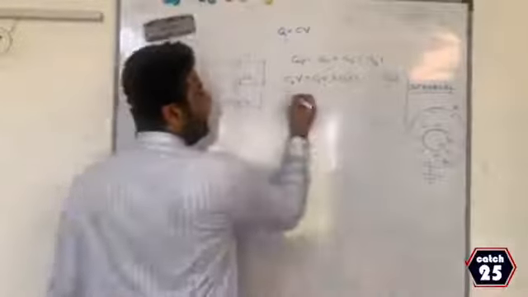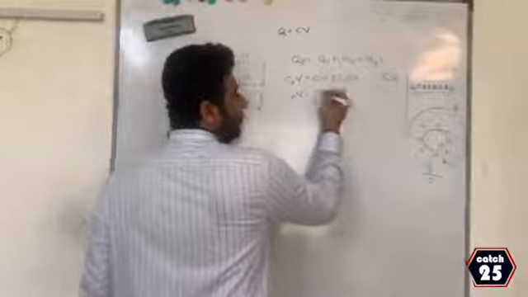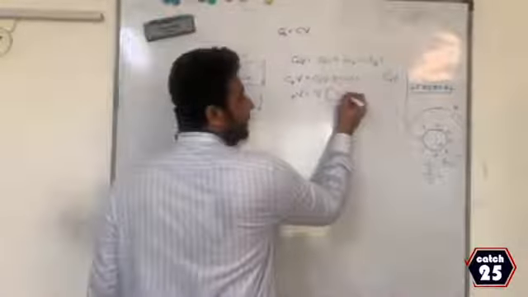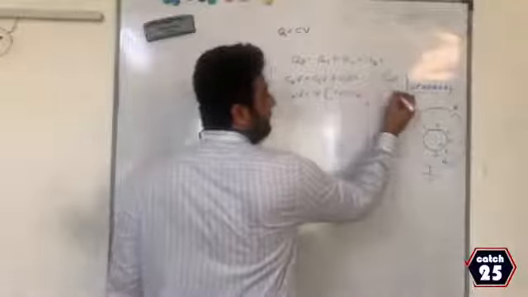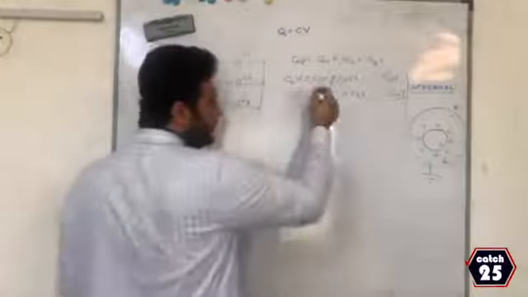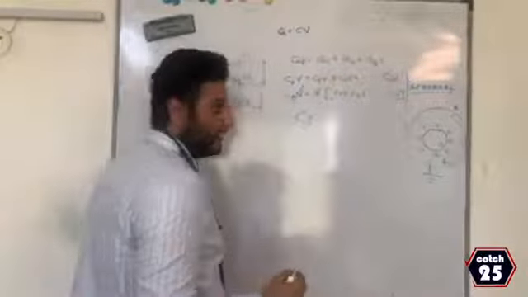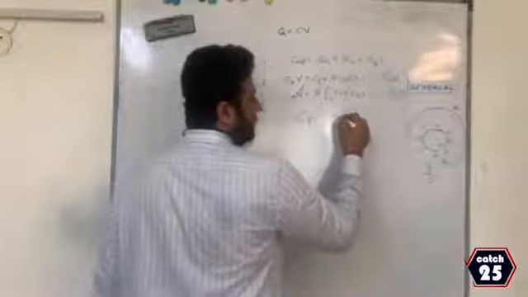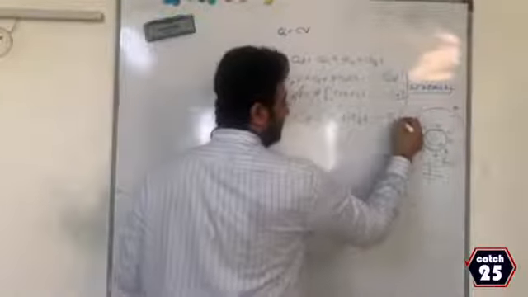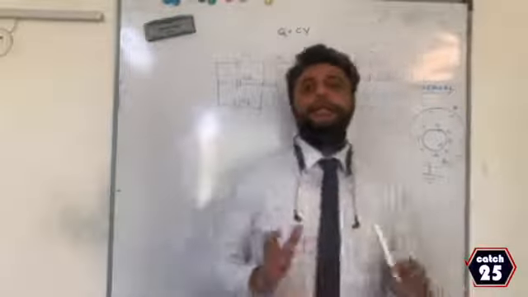Therefore, I take CpV is equal to, V is constant, therefore can I cancel this V and this V? Therefore, equivalent capacitance in parallel is nothing but C1 plus C2 plus dot dot dot Cn. This is your equivalent capacitance in parallel.